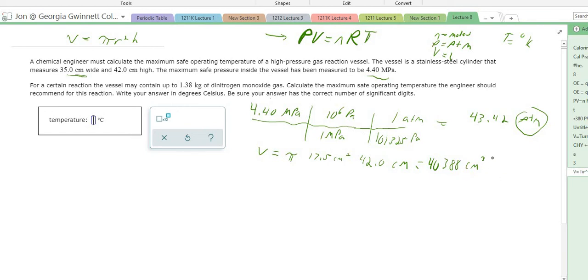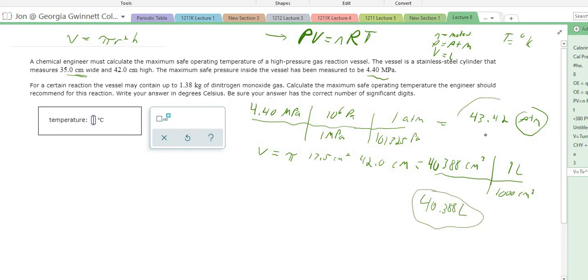Remember, the units have to be in liters. I know there are 1,000 centimeters cubed in 1 liter, so if we divide everything through by 1,000, that gives us 40.388 liters as the volume of that cylinder.